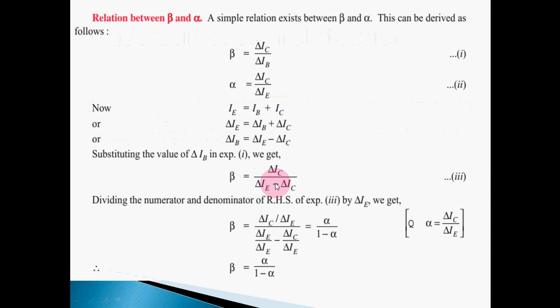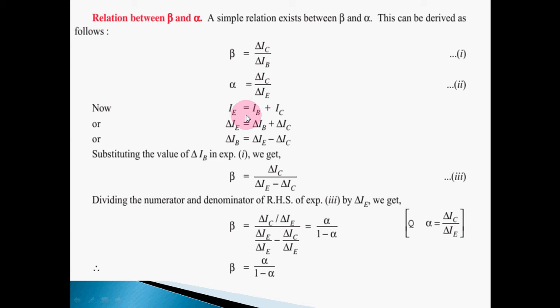And here is the simple relation between beta and alpha, that means the base current amplification factor and the current amplification factor. From the previous slide we know that beta is equal to the output collector current and input base current ratio. And we know from the common base configuration that alpha is the ratio between the output collector current and the input emitter current.